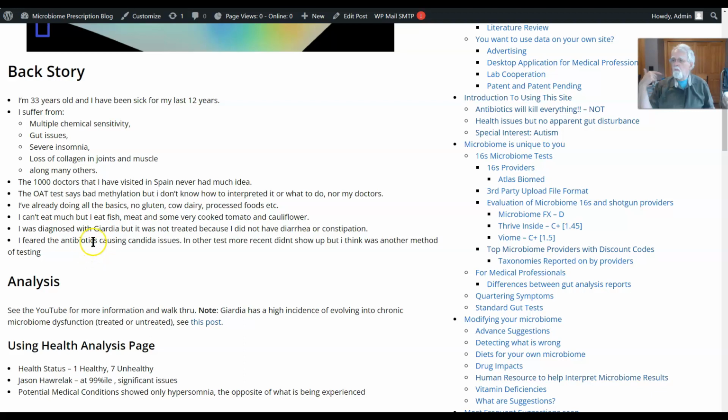One interesting aspect is Giardia, because Giardia, we know, can be a trigger for chronic fatigue syndrome. There was a major Giardia outbreak in Oslo, which I've written about on my CFS remission blog. So the fact that he had Giardia and ended up with chronic fatigue syndrome, related or whatever, is not a total surprise.